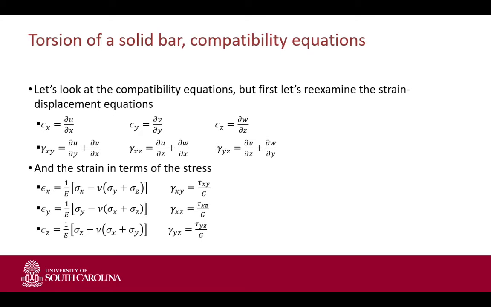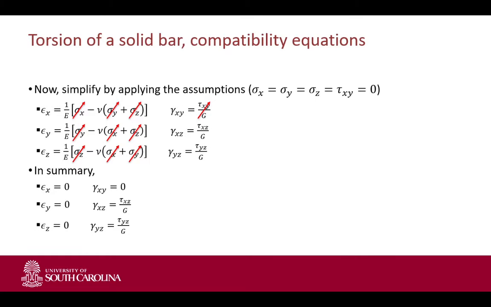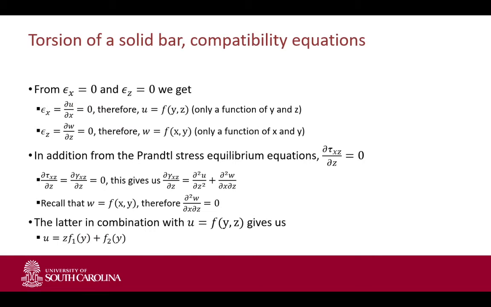So we again look at our compatibility equations, we look at how our strains are defined, and we apply our stress assumptions to them: stress is equal to 0 in x, y, and z, and tau xyz is equal to 0. Based on that, we could look at tau xz, and to do so we look at the strain in x and z.